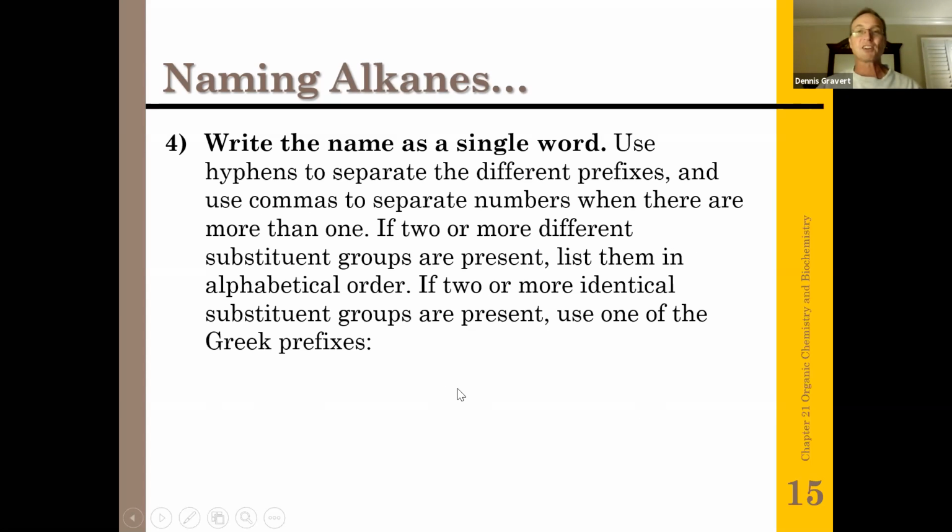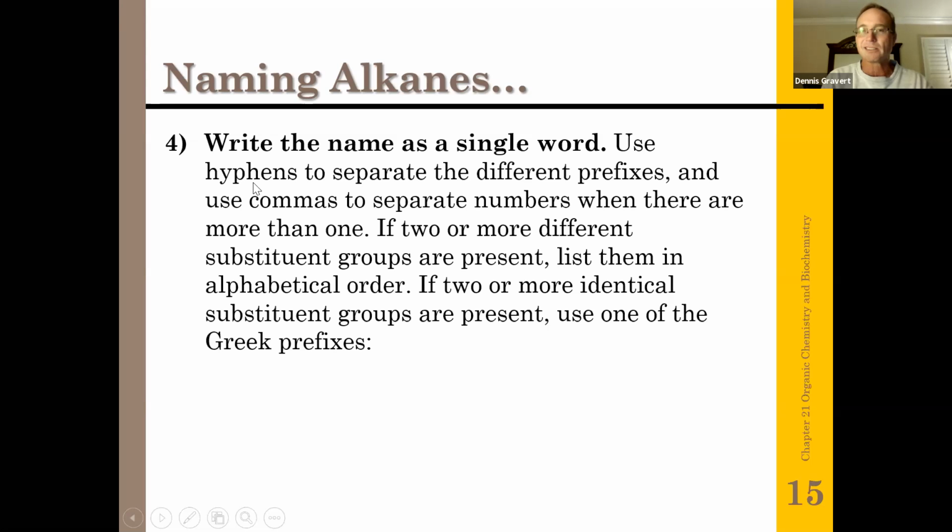Still going through the procedure on how to construct a name. You're just jamming all these prefixes, parents, and suffixes together. The grammar or punctuation, as I call it, is you want to use dashes or hyphens anytime you're separating a number from a letter. Use commas to separate two numbers.